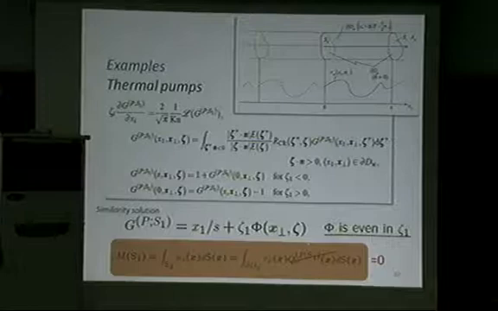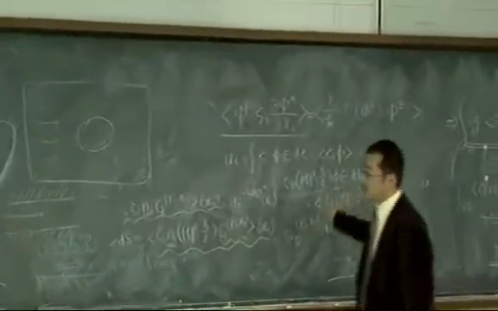Then, by using this result, the point is that Qn is zeta n times this one, and now this one is expressed by this one and this one.